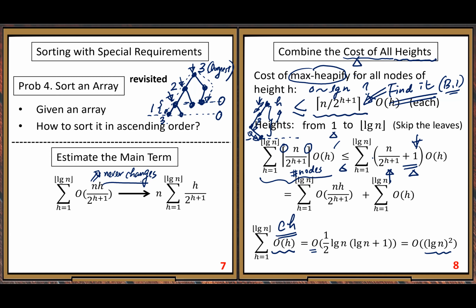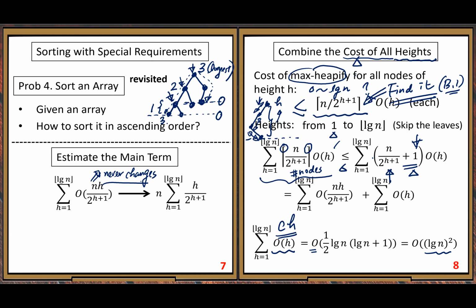The h values in the first term, second term, third term are all different. But n stays the same in all the terms. That's what I mean when I say n never changes.